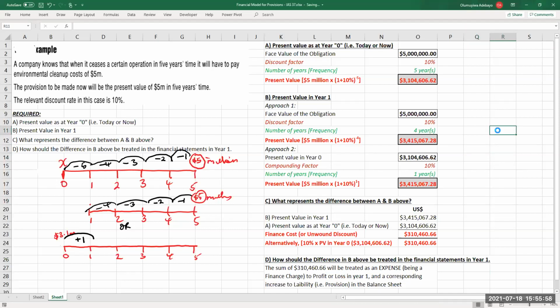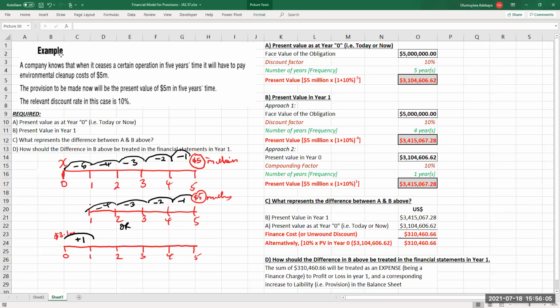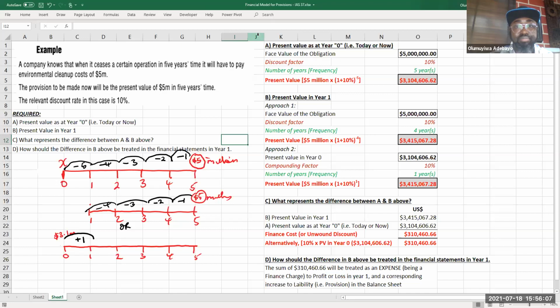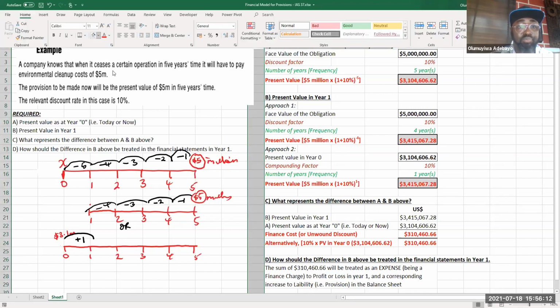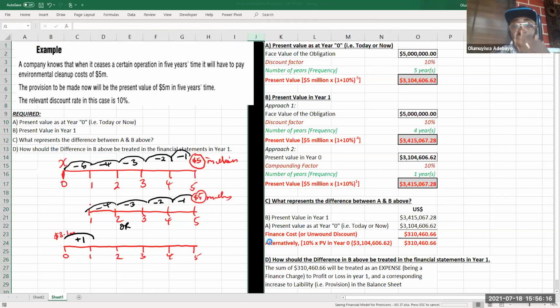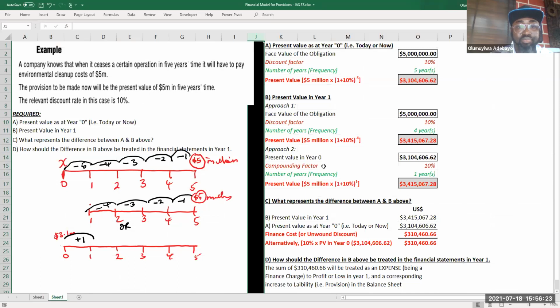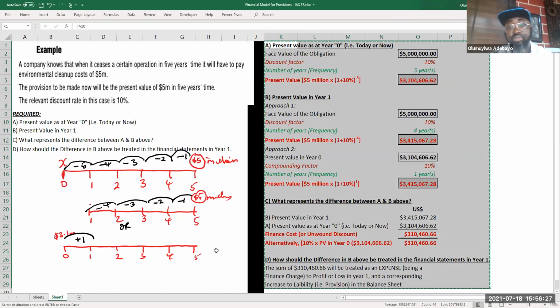Absolutely. Okay. And let's copy that to our solution page.